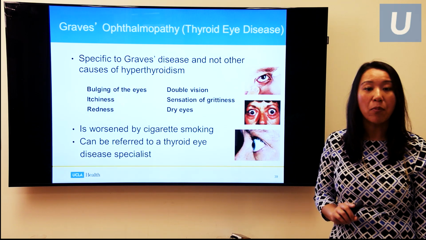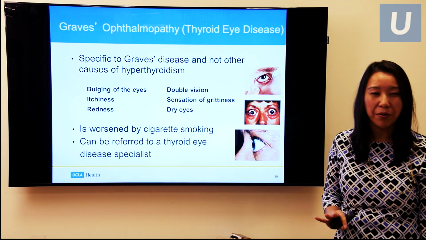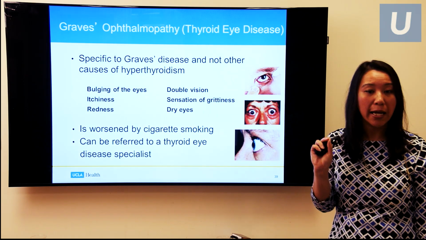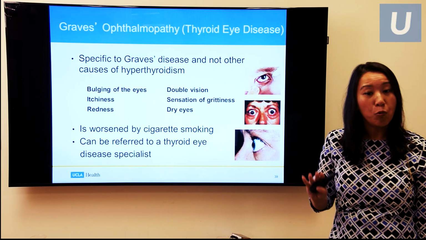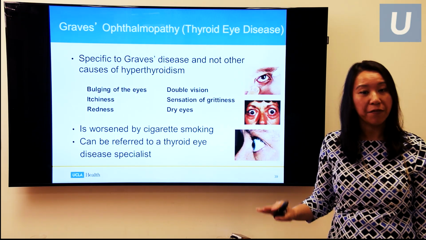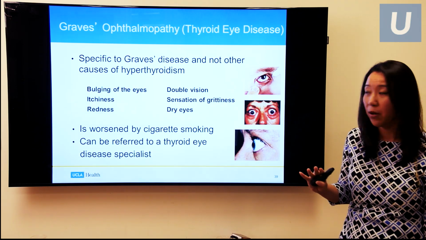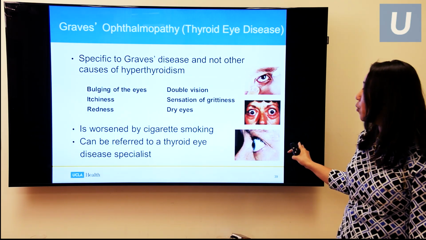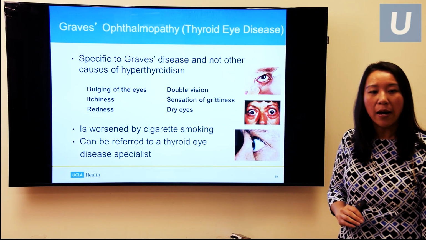Now, speaking a little bit more about Graves' eye disease, this is also known as Graves' ophthalmopathy. It's a very specific sign and symptom of Graves' disease itself. Not everyone with Graves' disease will have this thyroid eye disease, only a smaller percentage of folks will. But these are the symptoms again, and these are some more severe photos of what Graves' ophthalmopathy can look like.